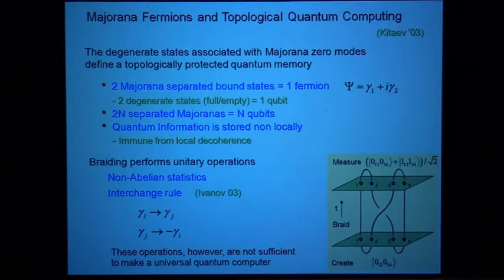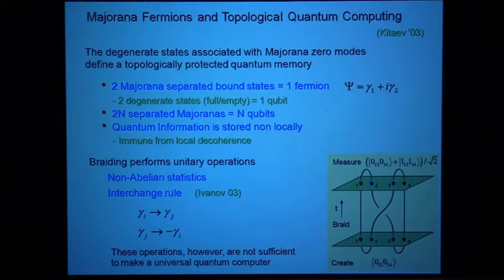That's the dream. One can do even a little bit more, which is that if you can find ways to braid these zero modes around each other, then you can manipulate the states that you have. You can do a unitary operation on these qubits, and that's what you'd want a quantum computer to do: store information, then perform unitary operations on it. Unfortunately, these Majoranas are a little bit too simple.